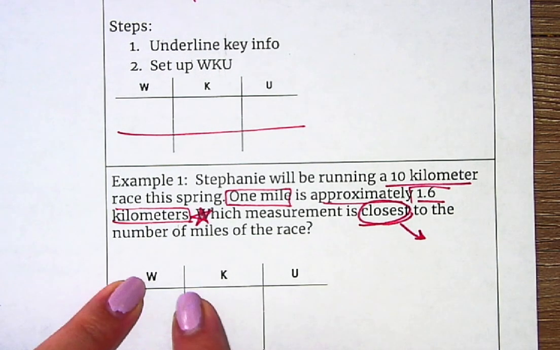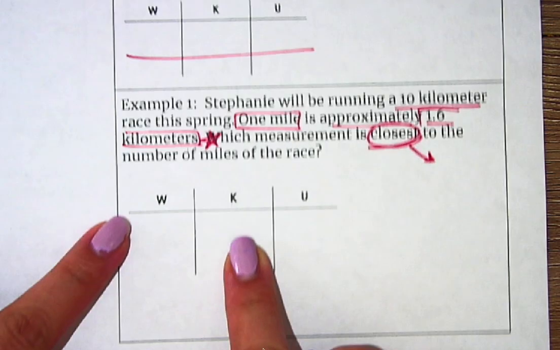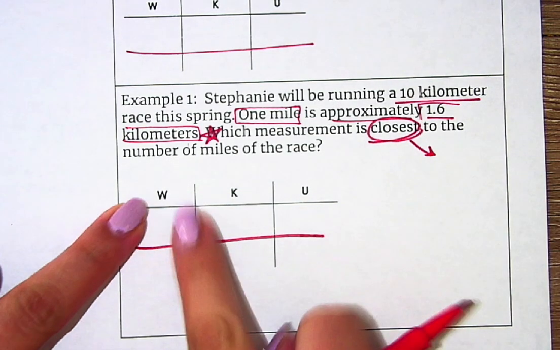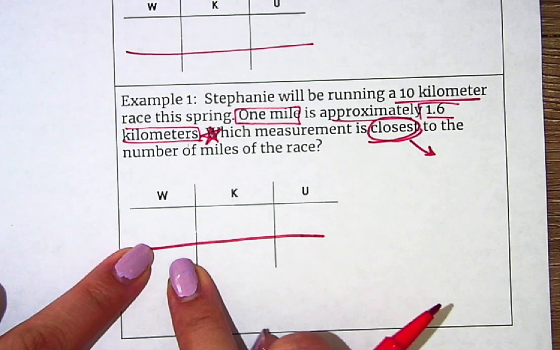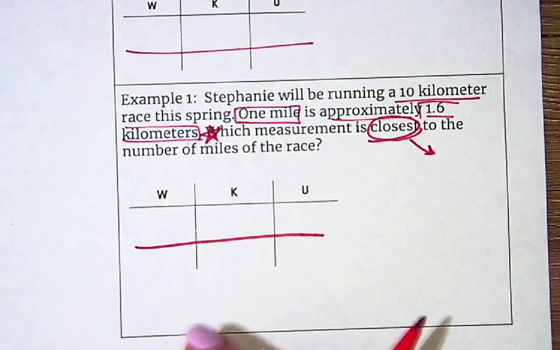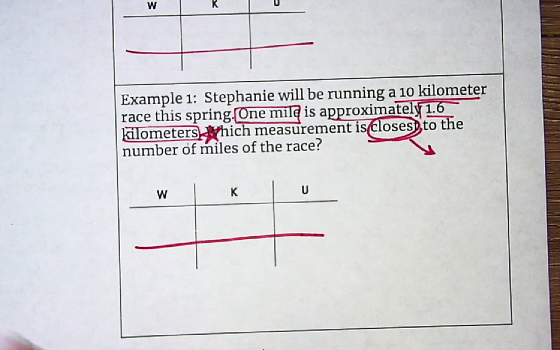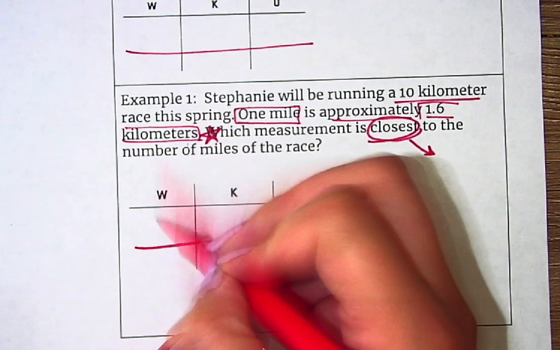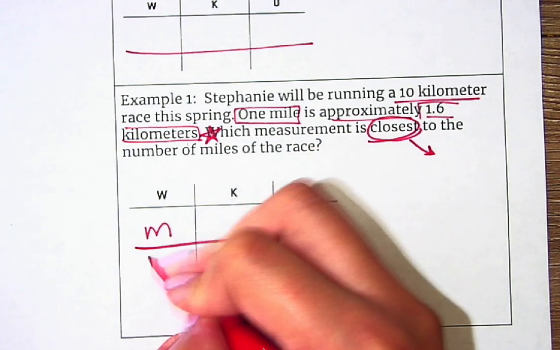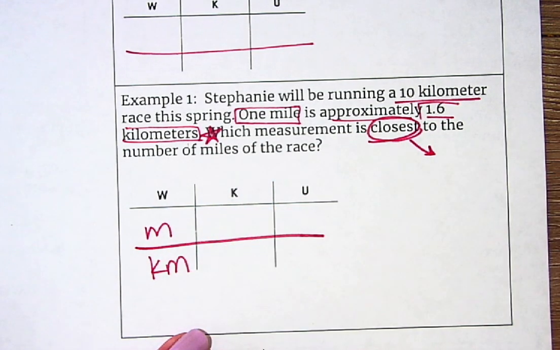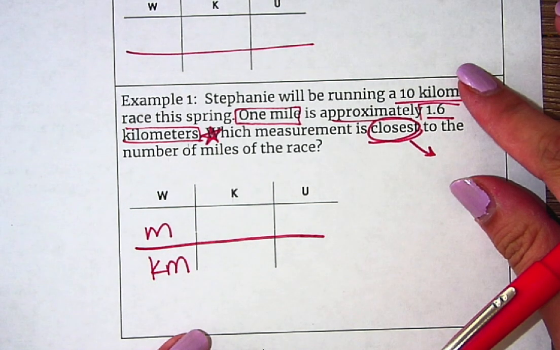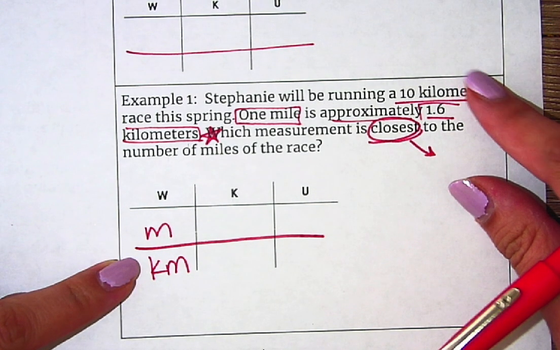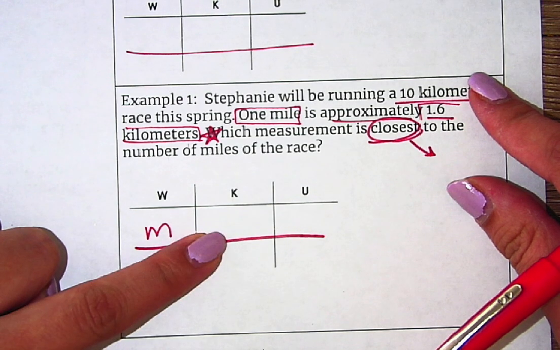So we set up our WKU. I already went ahead and did that for you. We are going to, on our word side, what two measurements are we talking about? Okay, we're talking about miles and we're talking about kilometers. So I'm going to put M for miles and KM for kilometers. Those are the two things we are measuring. Okay, so what do we know?